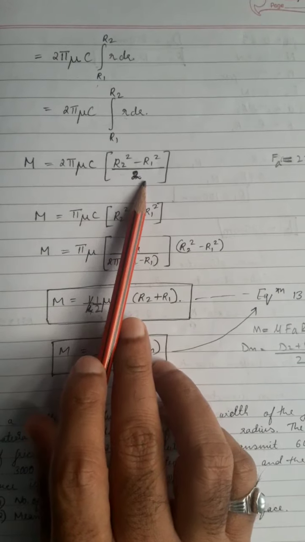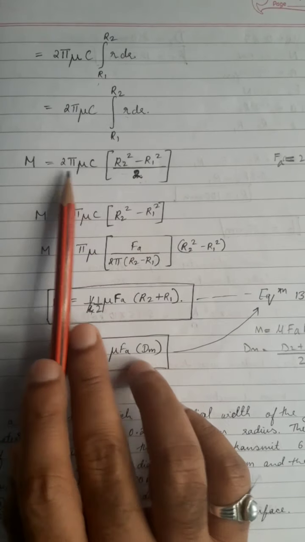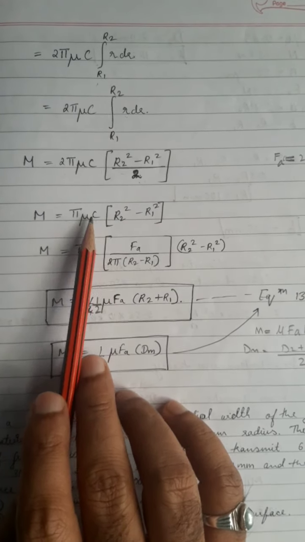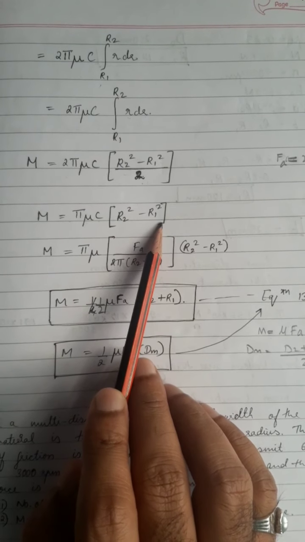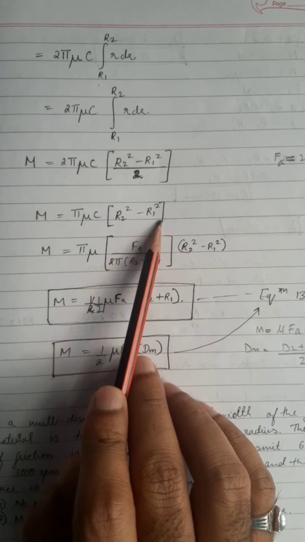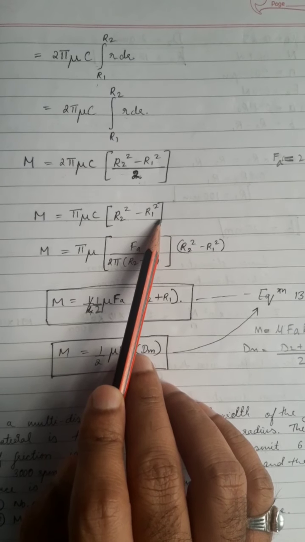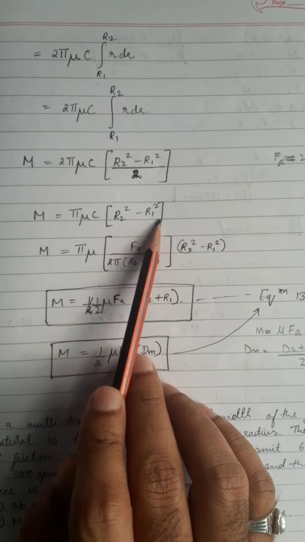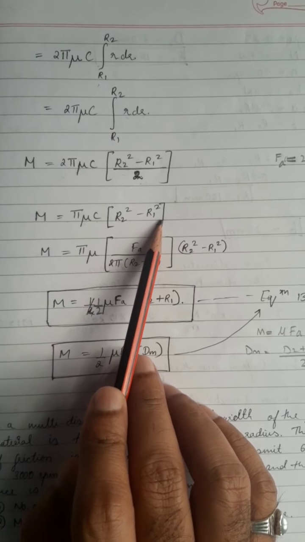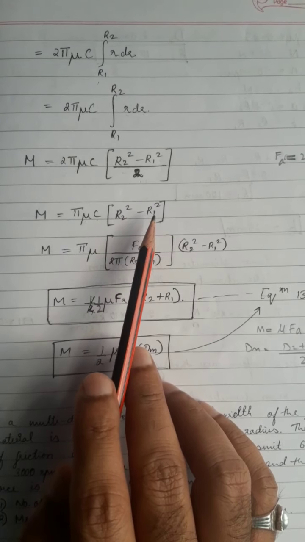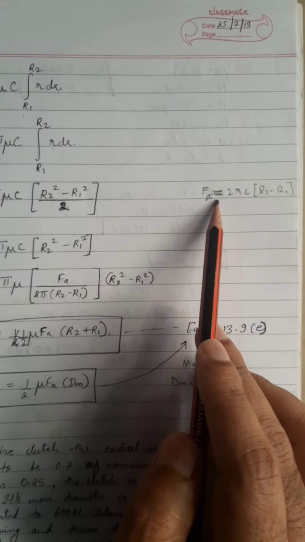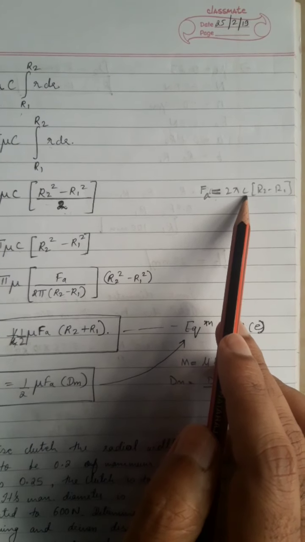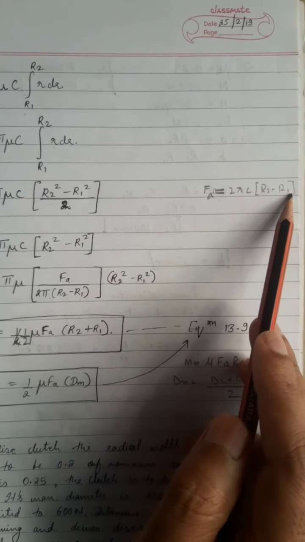Cancelling these two terms, we write pi mu C (r2 square minus r1 square). We know that total axial force Fa is equal to 2 pi C (r2 minus r1).